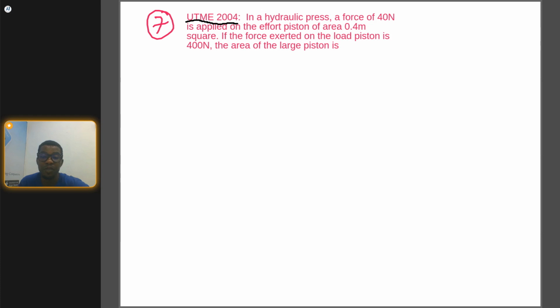In a hydraulic press, a force of 40 Newton is applied to the effort piston. So we have A1 representing the piston area, 0.4.